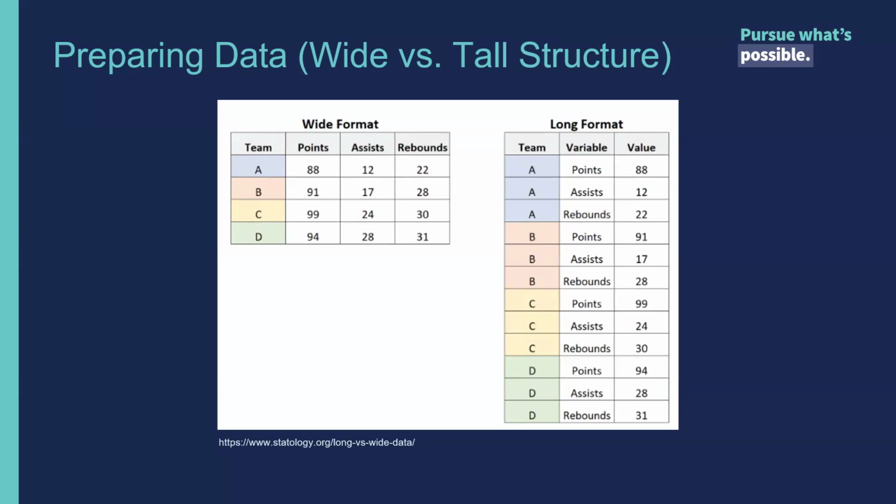Tableau likes machine-readable long format data. It looks weird to us humans because in long format the first row's values get duplicated. Whereas in wide format we use our eyes to scan across, in long format it's more common to use filters to say, I'm looking for all rows within team A. So I'm going to filter for team A, and I'm going to see each of these rows, each of these points of data.